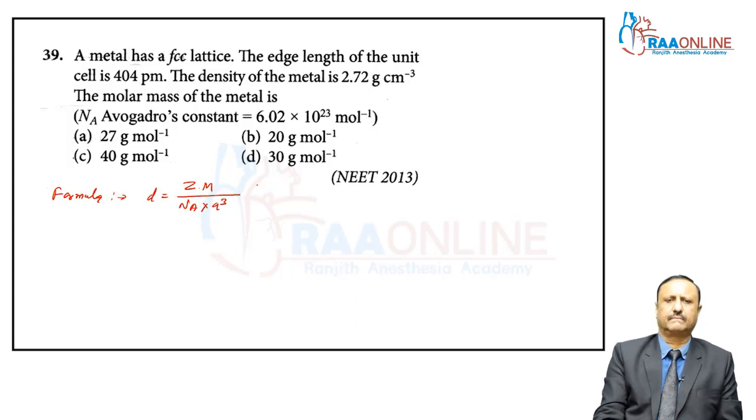Here Z for FCC structure is 4, and Na is given, that is 6.02 into 10 to the power 23. The edge length a is also given, that is 404 picometer.